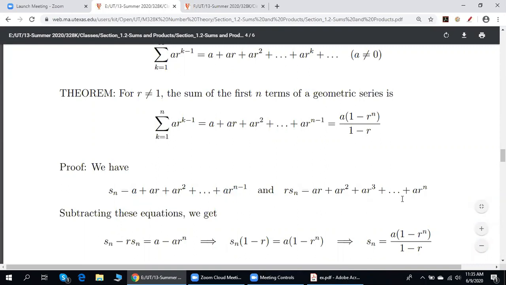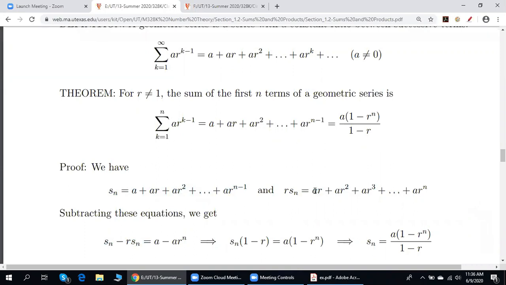After that, let us subtract this from this. First, let us subtract the left-hand sides. Sn minus rSn, it's over here, is equal to, and now see what happens when we subtract this from this.